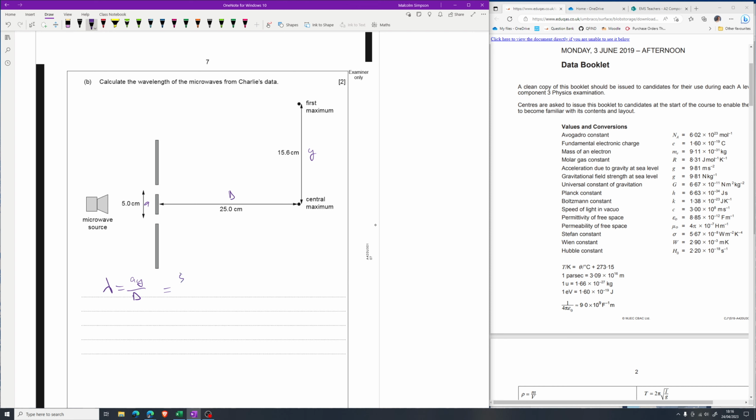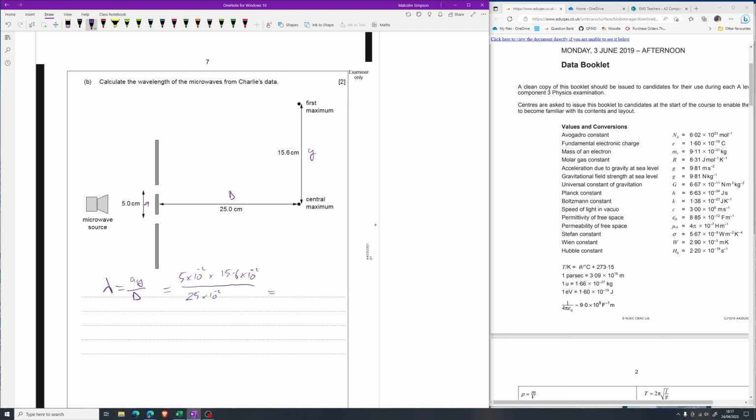For me personally, questions like this, I'll just always put everything in meters. Arguably, if you keep the units consistent, it doesn't really matter. So if I kept everything in centimeters, I would get an answer in centimeters. But in this case, they're all given in centimeters, so it would be absolutely fine to do that. But I'm kind of lazy. I don't want to have to think about that stuff. So I generally stick with just always putting stuff into the basic unit when I see centimeters, millimeters, milliseconds, or whatever.